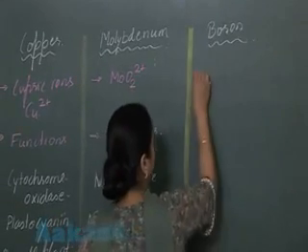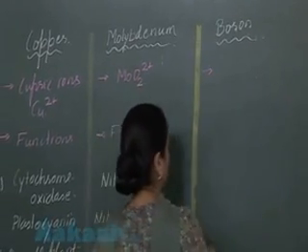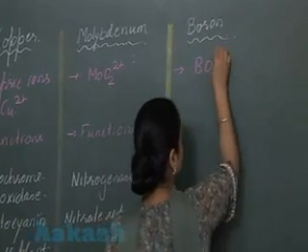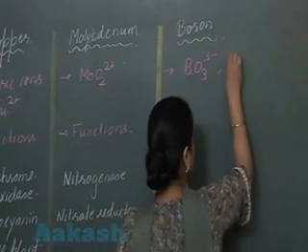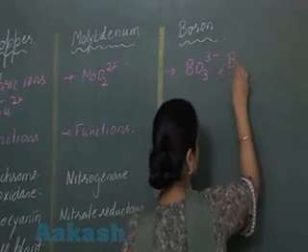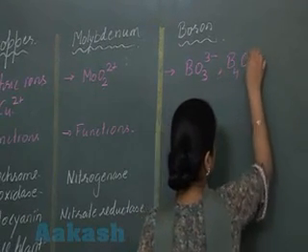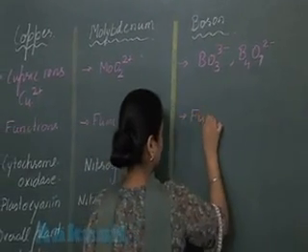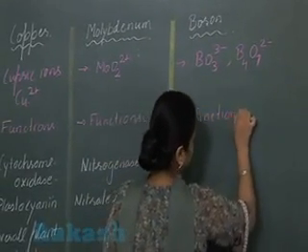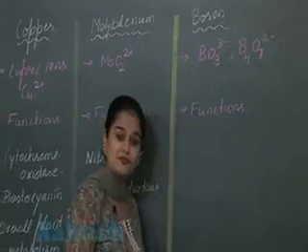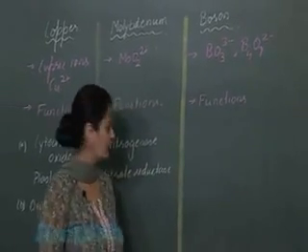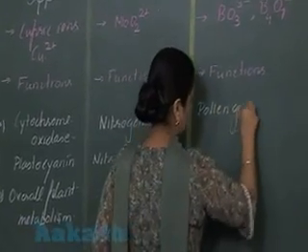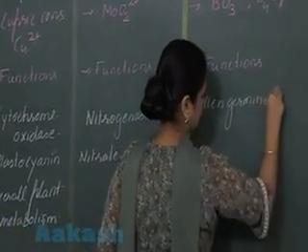Absorbed by the plant from the soil in the form of borate ions. Now several important functions are associated with boron. One is that it is involved in pollen germination, pollen tube growth.